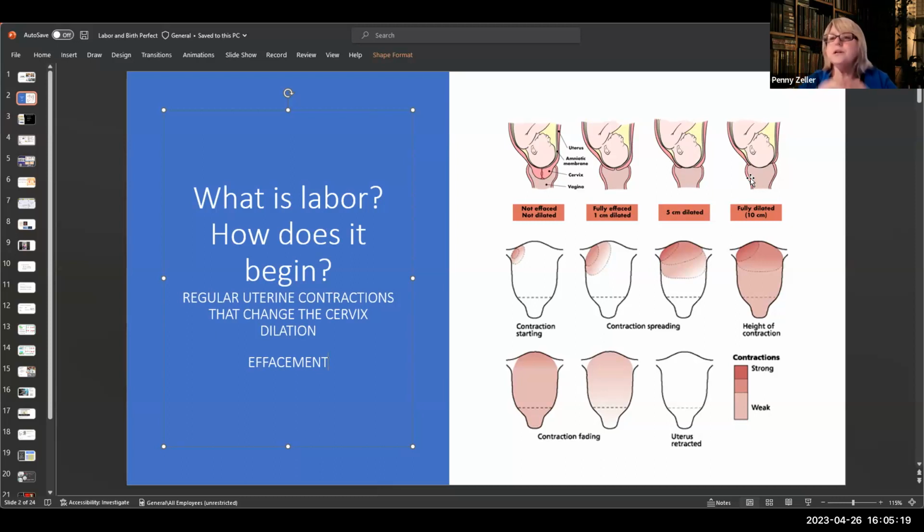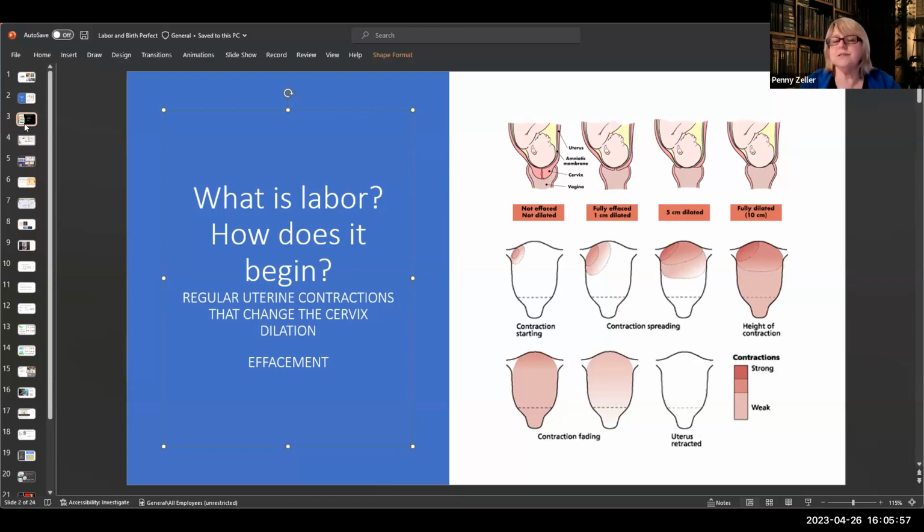As it spreads, it's contracting, and it's causing that lower uterine segment to be pulled up, which effaces and dilates the cervix. So labor is the onset of regular uterine contractions that change the cervix. If she says she's having contractions, they're irregular, and her cervix isn't dilated, then she's not in labor. So that's how we define it.